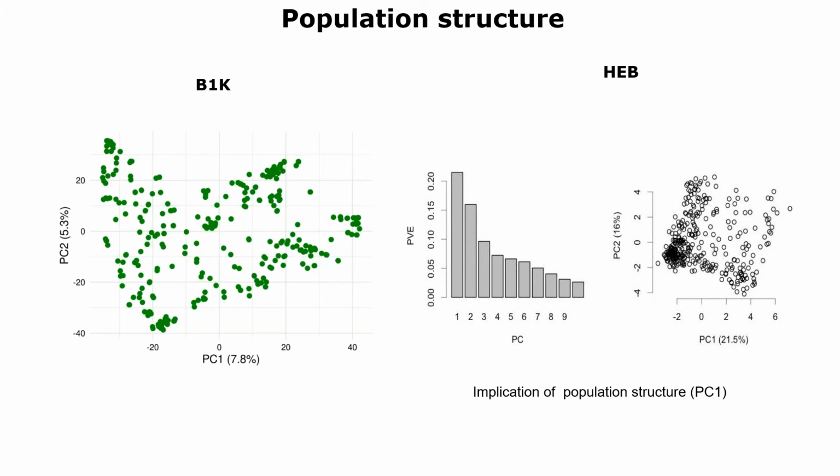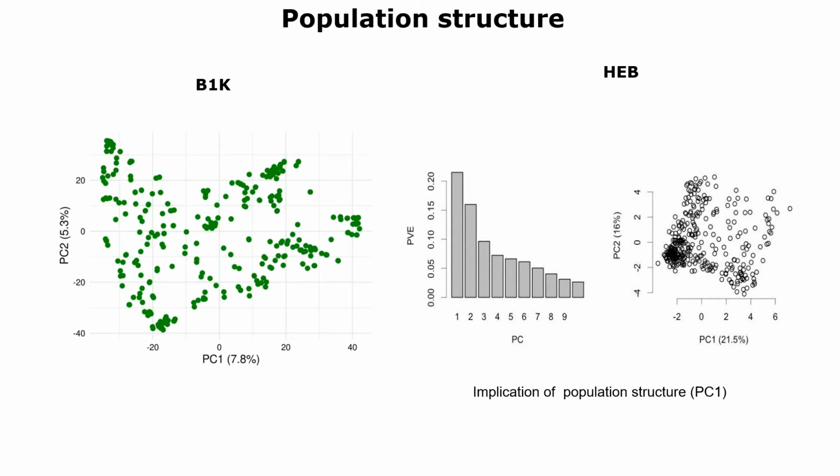As I mentioned, we looked for the population structure in the Heb population and also the B1K population, because population structure is important for mapping. If a population is structured, that means they don't do random mating, and there needs to be some correction for the population.